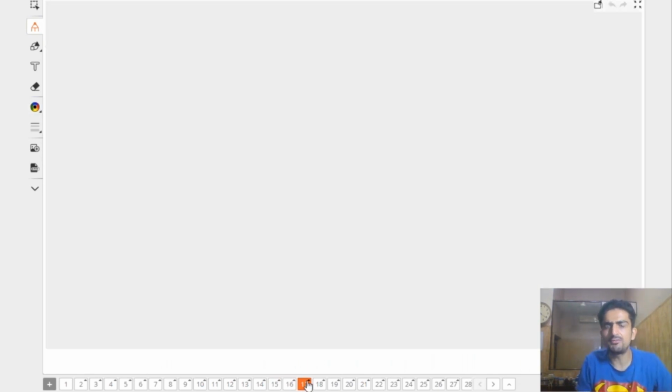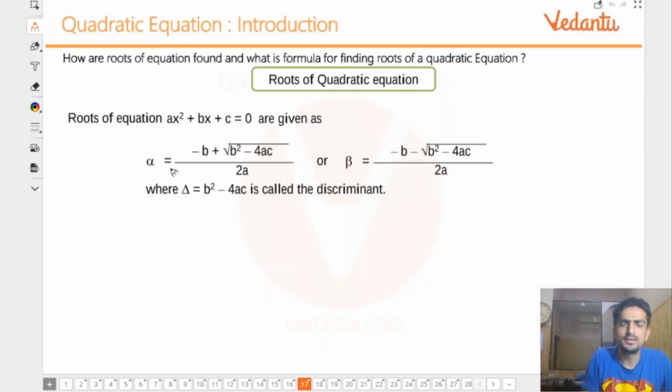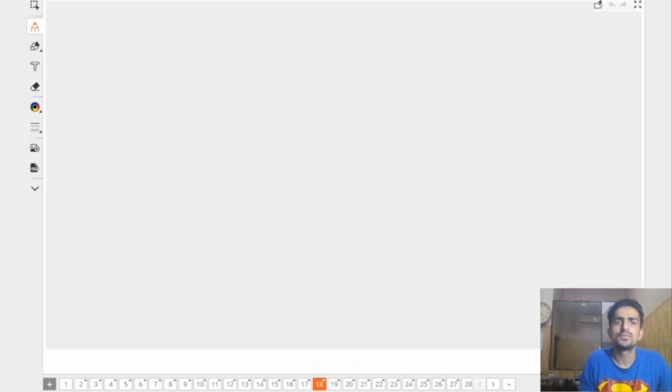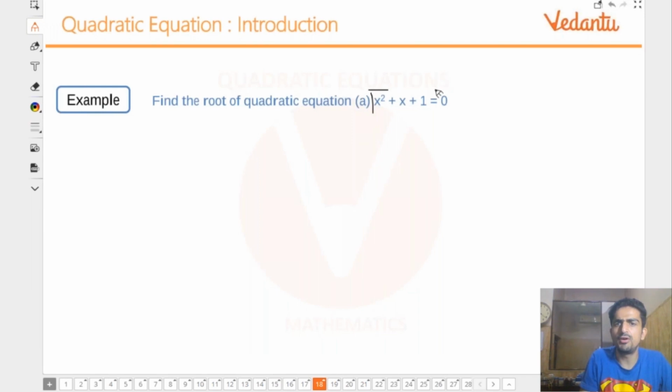For the formula, let me take one or two examples. This is the formula. One root is minus b plus root d by 2a, and the other is minus b minus root d by 2a. We call this d the discriminant. So if you have to solve this equation, let me do it quickly.